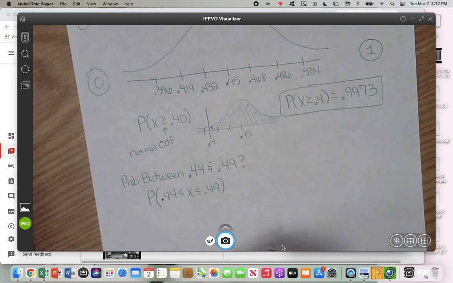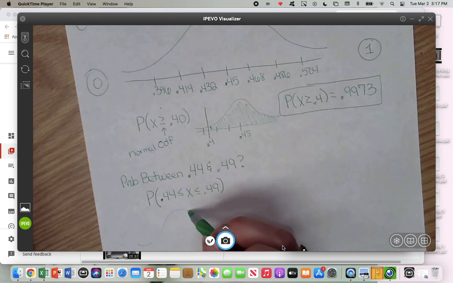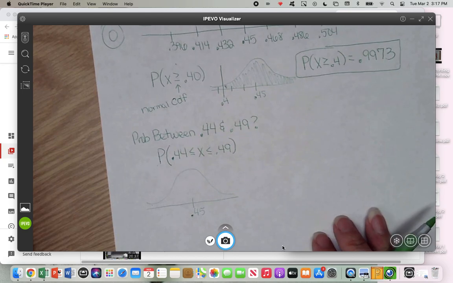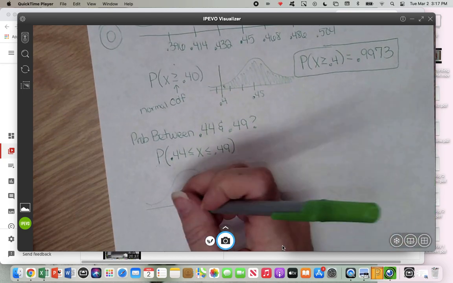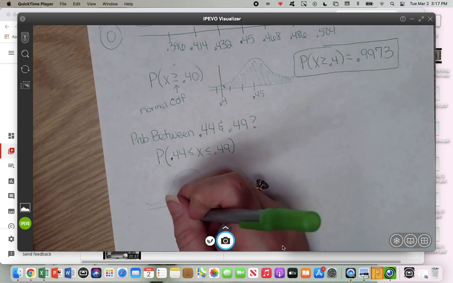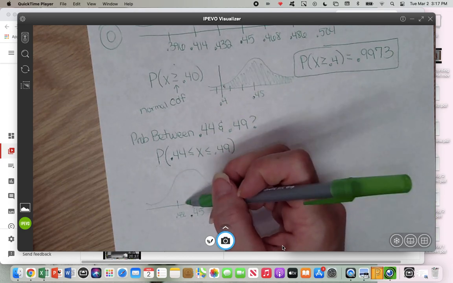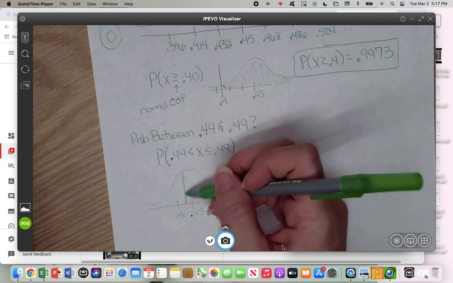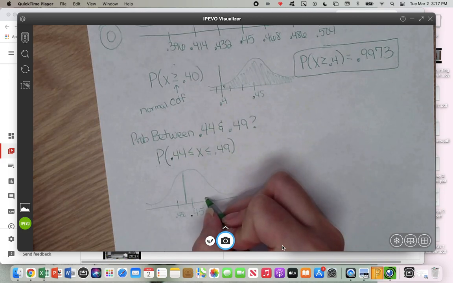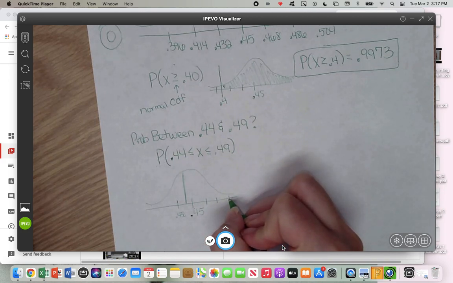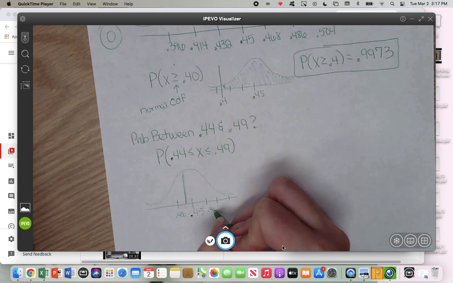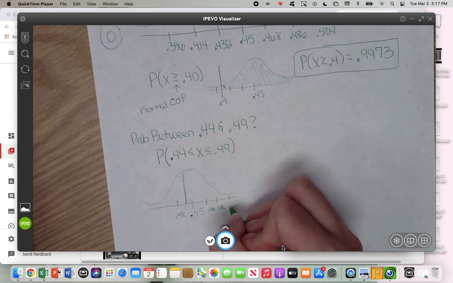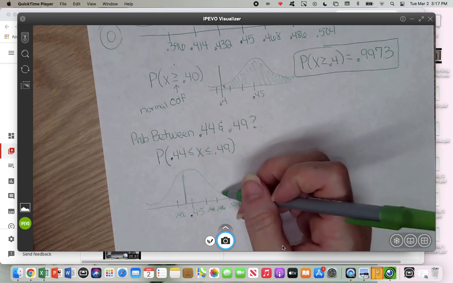All right, so 0.44 to 0.49. So what this is telling us on the curve, and again, I'm just cheating from the last example, 0.44 would be somewhere about here. And then 0.46, 0.48, 0.50. And 0.49 would be somewhere about here.